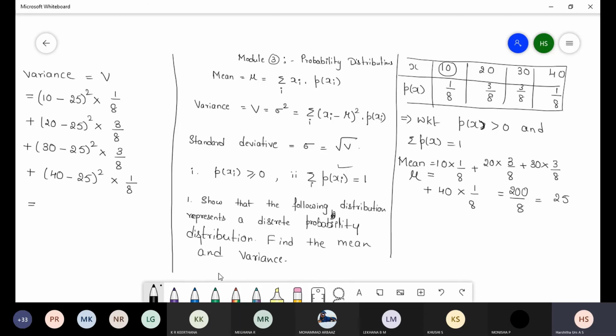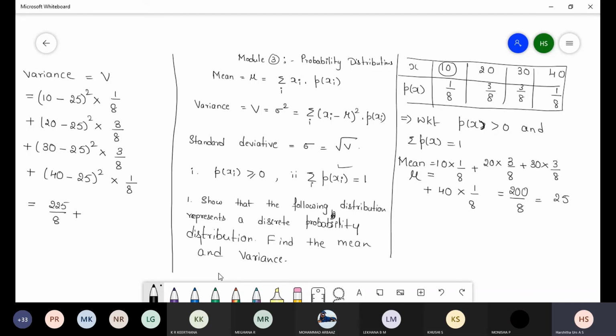What is the value of 15 square? 225. 225 divided by 8, plus 20 minus 25 is minus 5.